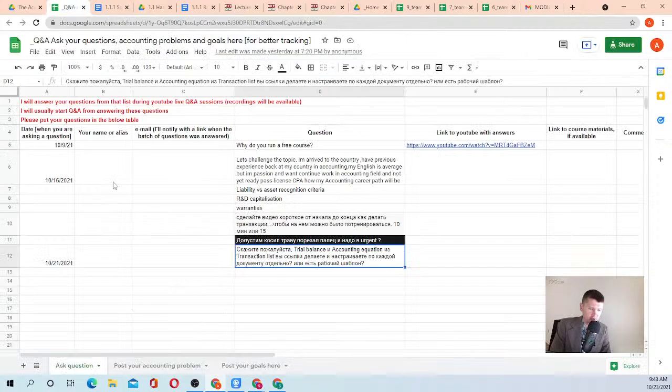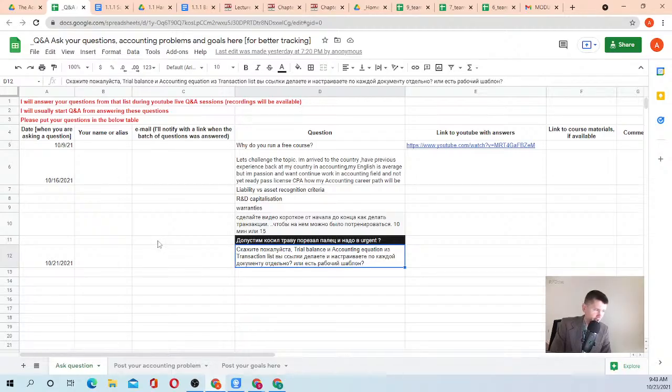And I've got a Q&A question here. It's in Russian, so I will translate that. Could you please advise if there is a template for trial balance and accounting equation from the transaction list? So the question is, if we have a ready template for the trial balance and accounting equation exercise, or if we do that separately in each document.